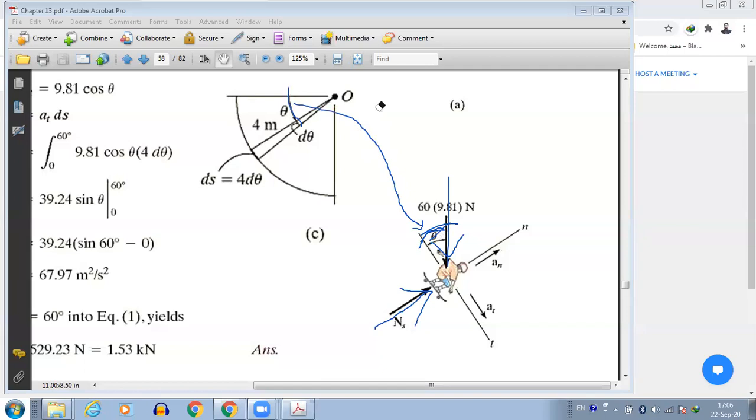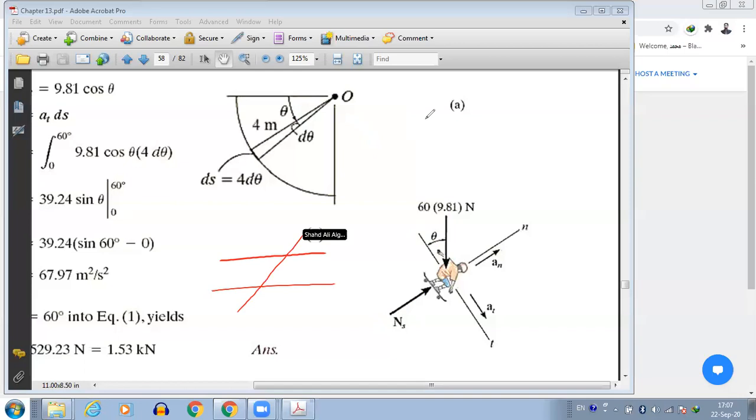Let me still explain, because most of the time this is a point that students don't understand very well. So let me explain it the way I explain it.